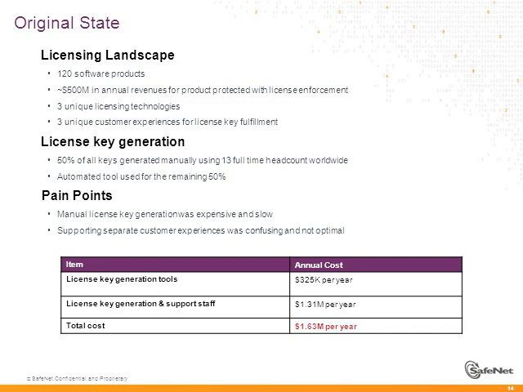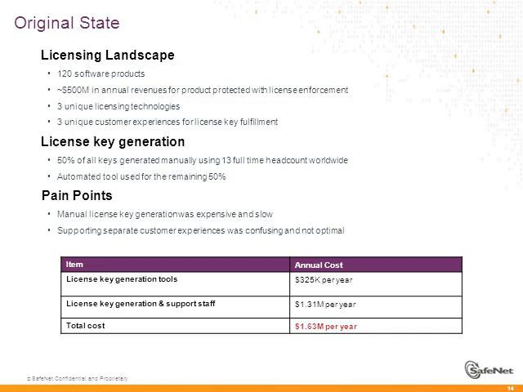The other thing I want to point out here is that the company was generating those license keys manually. Half of the license keys they generated were done manually. The company had sold a lot of product over time, so this was high volume, high cost software. They ended up with 13 people doing nothing but generating keys full time.